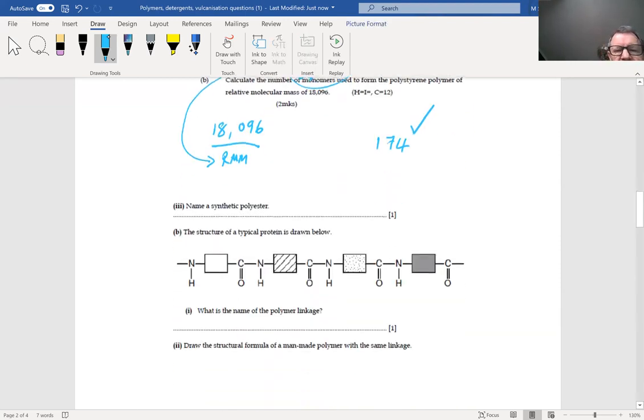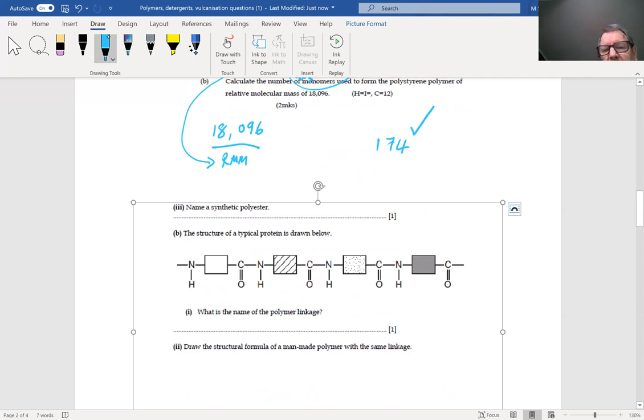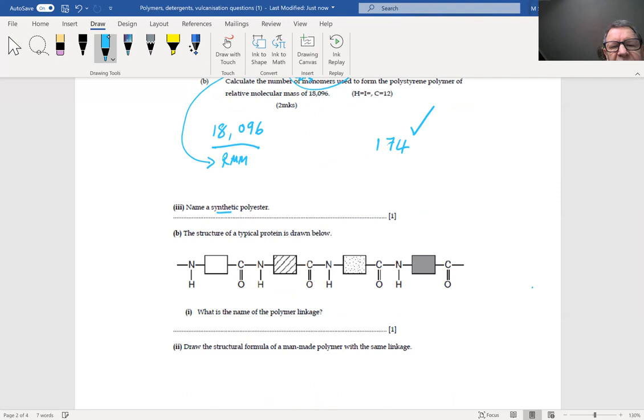This sort of question, the next one, name a synthetic polyester. It's important that we realize two things. Firstly, it's synthetic, and secondly, it's polyester. It's best that you just remember one.